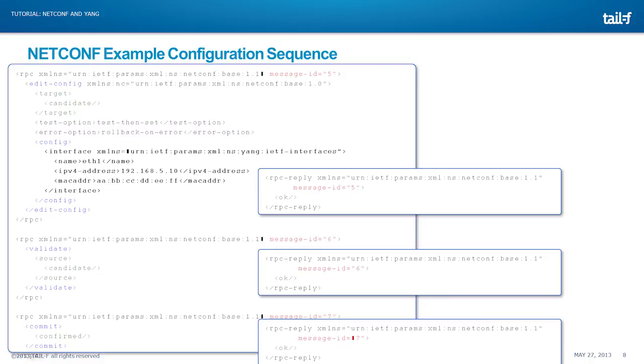In terms of what we see there between the config tags of interface, name, IPv4 address, etc., how do we know what the layout of that XML is? What's the schema that's possible there between the config tags? That is where the Yang data modeling language comes into play.